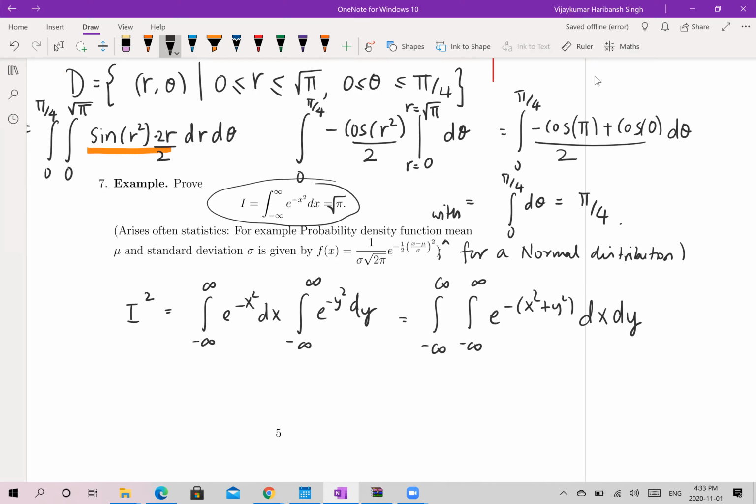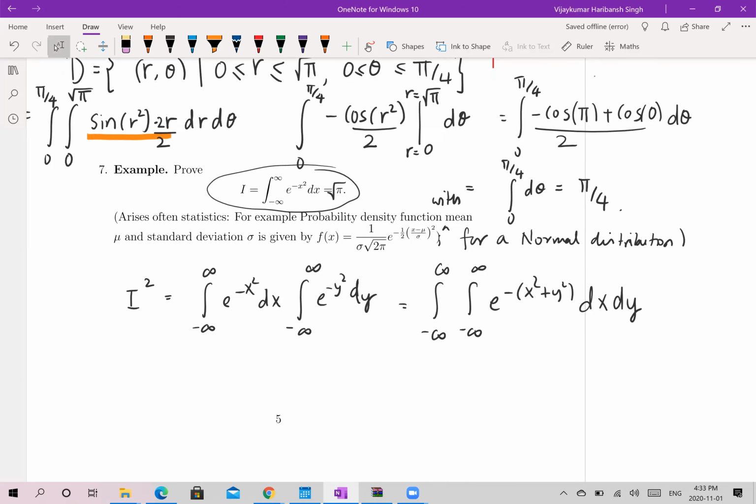Now we are basically going to convert this into polar coordinates, namely the following. What we'll do is we'll make it a circle. So this is essentially an integral over R2 of e to the power minus (x square plus y square) dA.